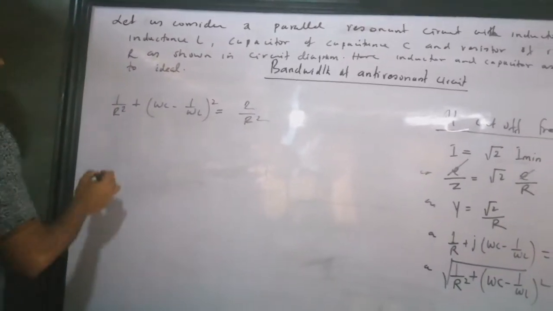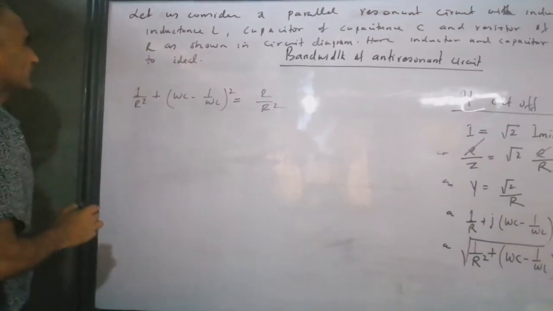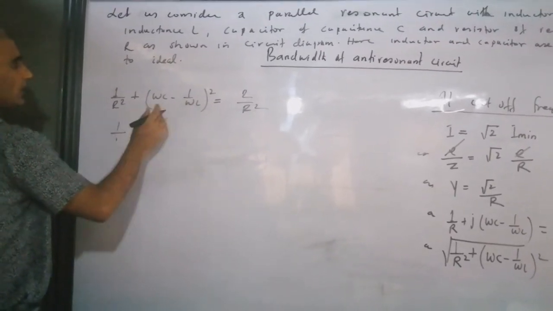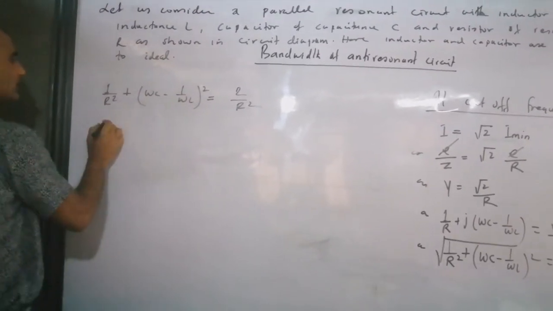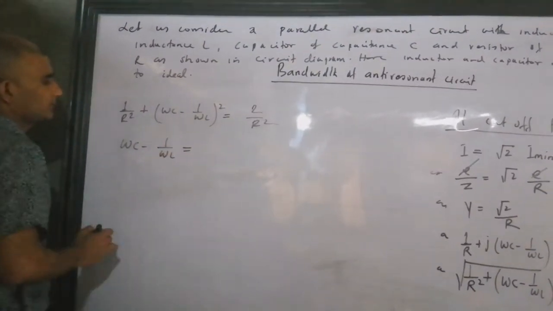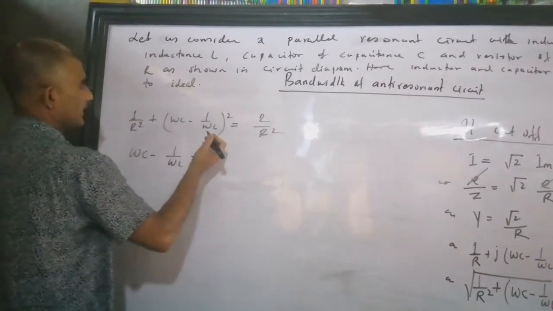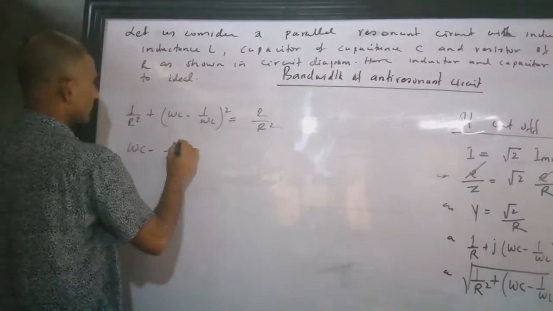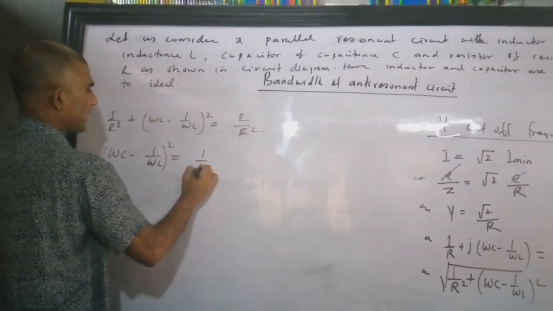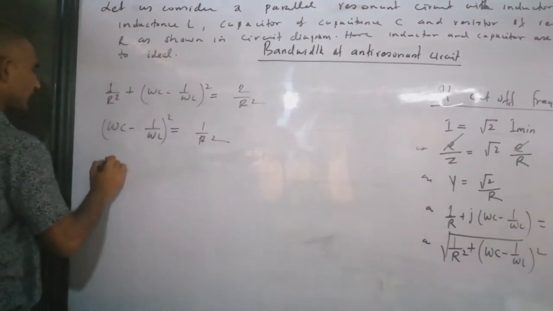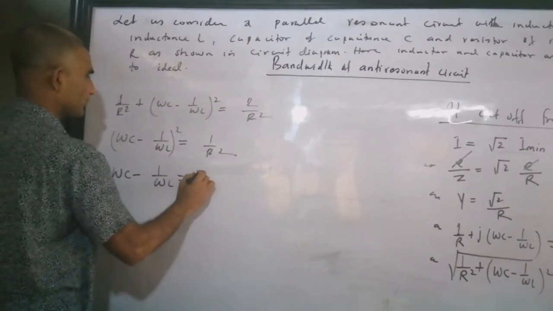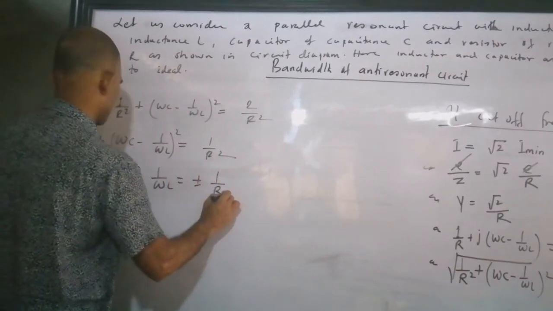Let's simplify further. Omega C minus 1 by omega L, the whole square, equals 2 minus 1, that is 1 by R square. So we get omega C minus 1 by omega L equals plus minus 1 by R.